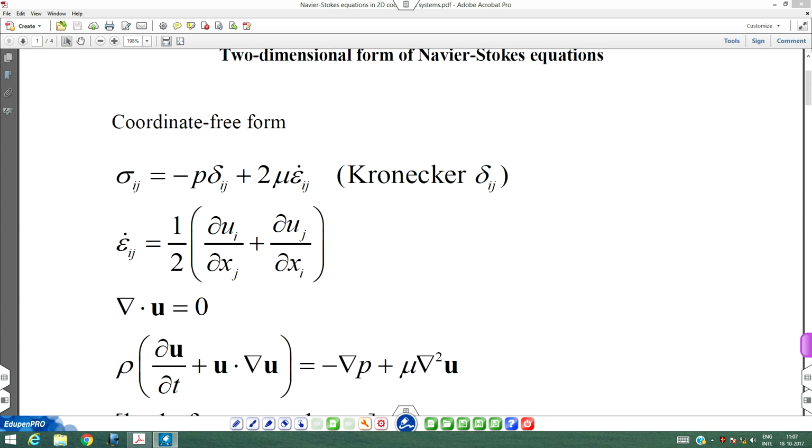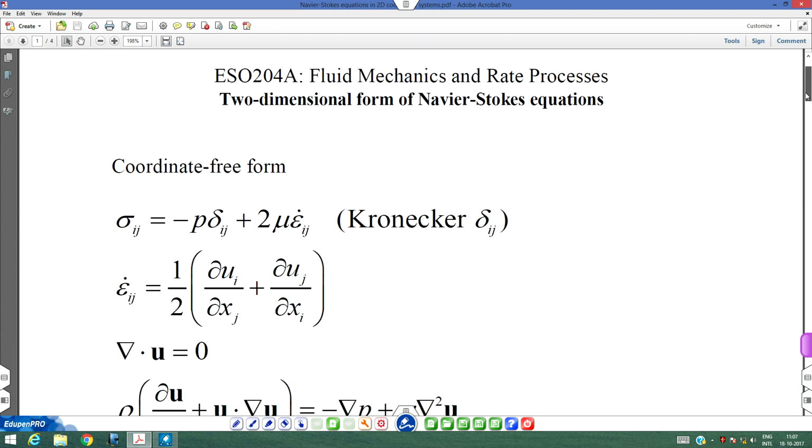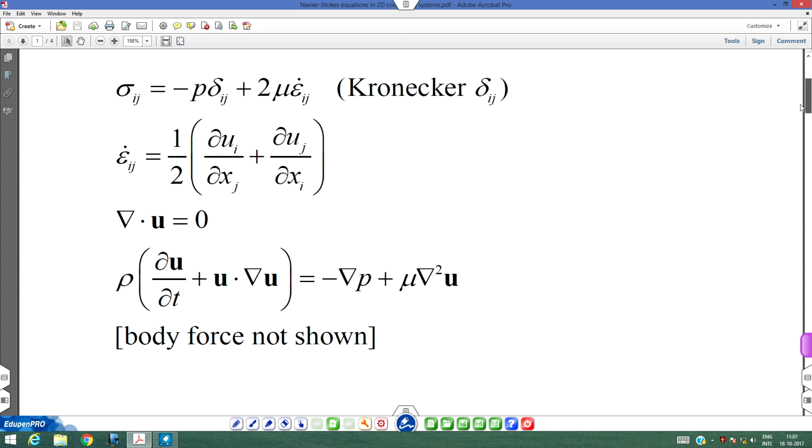This is the handout that was sent to you. Two-dimensional form of Navier-Stokes equations. This is the initial part, Navier-Stokes in coordinate free form.